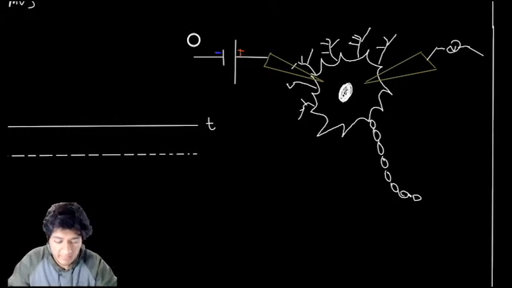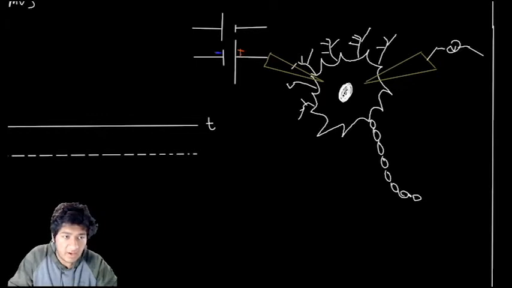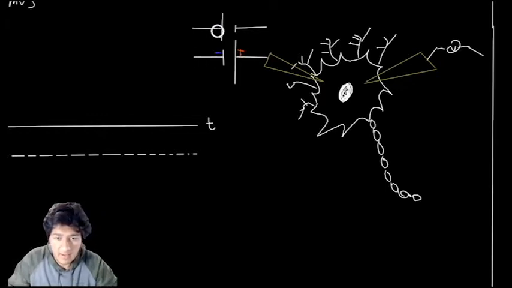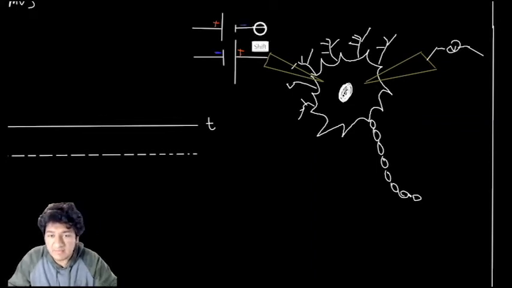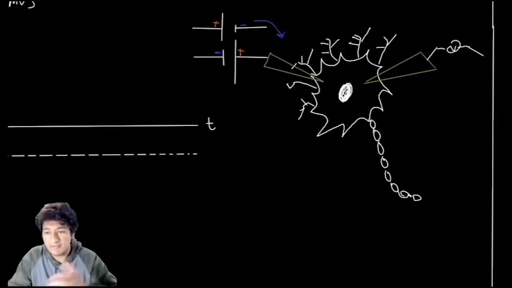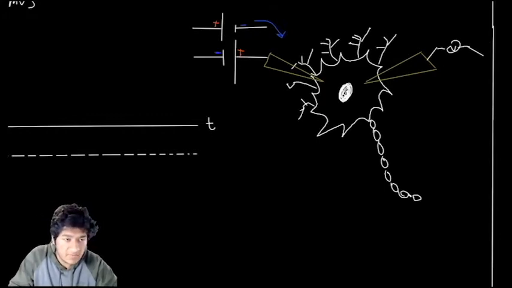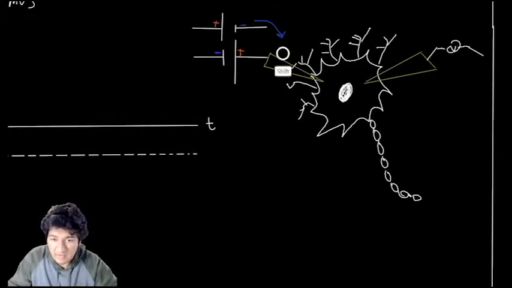We could have this one, where the positive is over here on the outside, and the negative is facing towards the neuron. In this case, negative current will be going this way, so there's more flow of electrons that way. Whereas in this one, since it's positive, all the electrons will flow out.